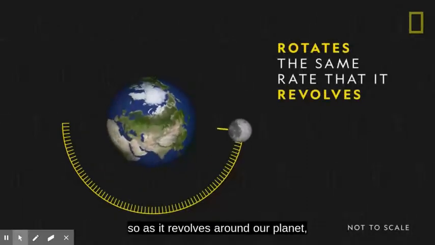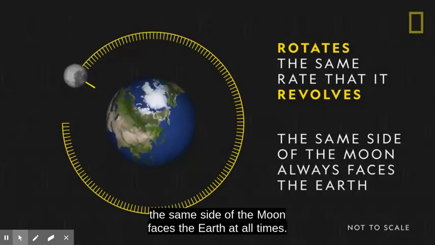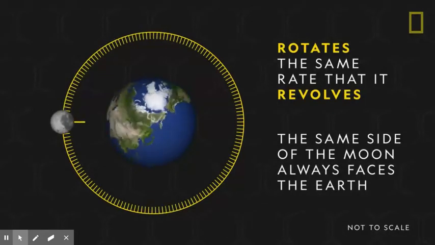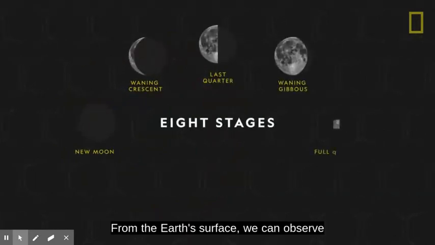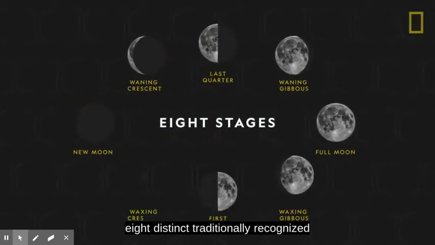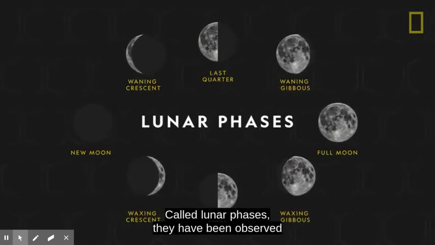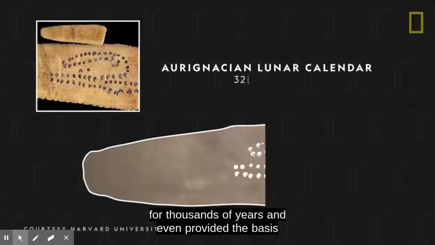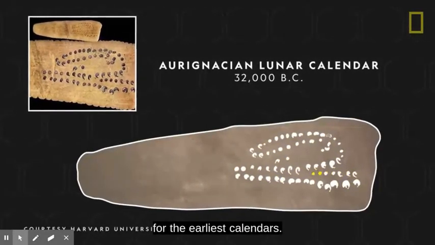So as it revolves around our planet, the same side of the moon faces the Earth at all times. From the Earth's surface, we can observe 8 distinct, traditionally recognized stages of the moon's illumination. Called lunar phases, they have been observed for thousands of years and even provided the basis for the earliest calendars.